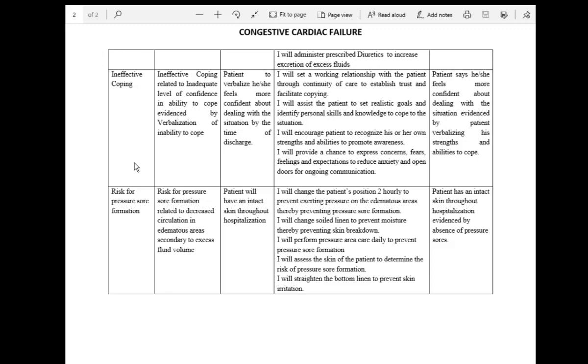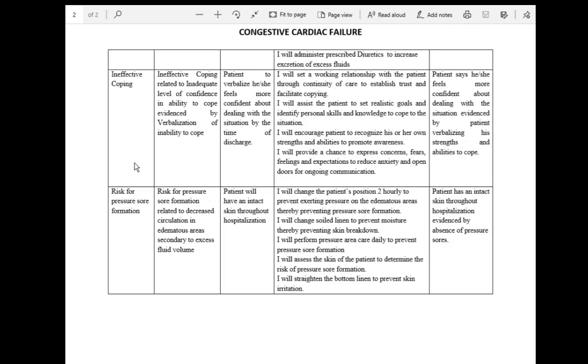So those are some of the interventions that we have put in place to treat our patient with CCF that is having a problem in ineffective coping.